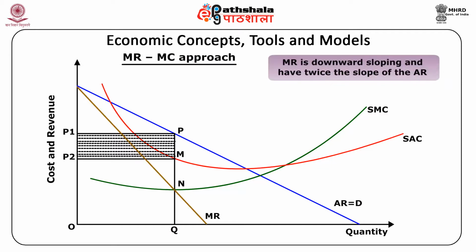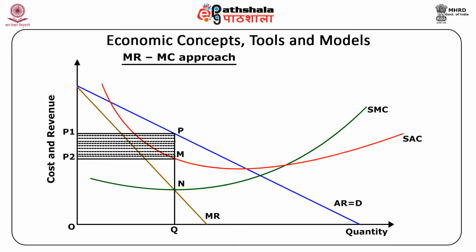Correspondingly, the MR is also downward sloping and has twice the slope of the AR. Therefore, it cuts the x-axis at exactly half of the AR.